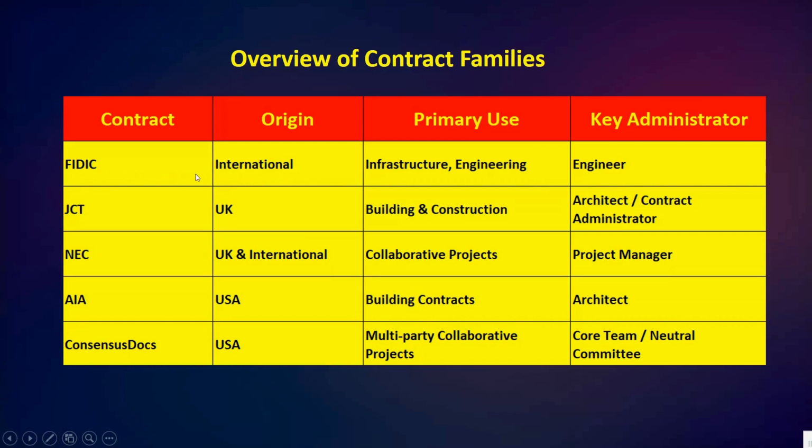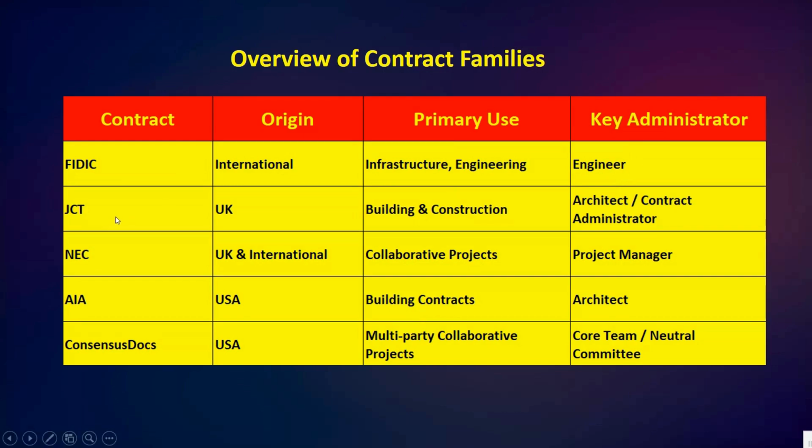Its origin is international, and its primary use is infrastructure and engineering. The key administrator is the engineer. So FIDIC originates internationally and is most common in engineering and infrastructure projects, and the engineer is the key administrator here.